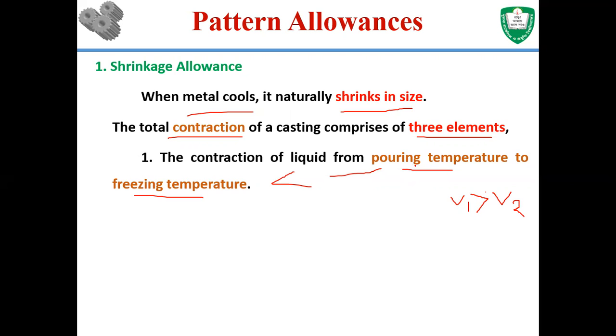And when the temperature decreases, the kinetic energy of the atoms decreases, the interatomic distance decreases, and that's why the volume reduction occurs. That means the volume at the pouring temperature will be larger than the volume at the freezing temperature. So one contraction occurs here. This is the first stage of the contraction, that means reduction of volume.